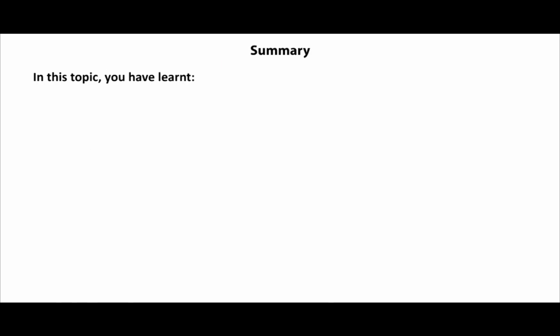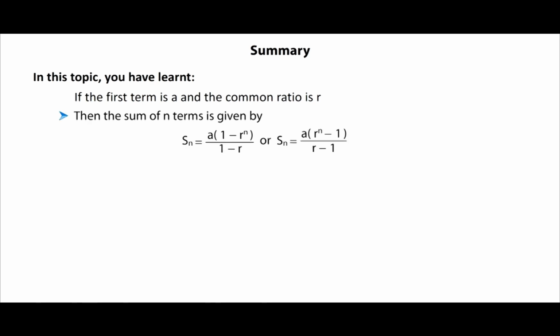In this topic you have learnt, if the first term is a and the common ratio is r, then the sum of n terms is given by Sn is equal to a into (1 minus r to the power n) divided by (1 minus r), or Sn is equal to a into (r to the power n minus 1) divided by (r minus 1).